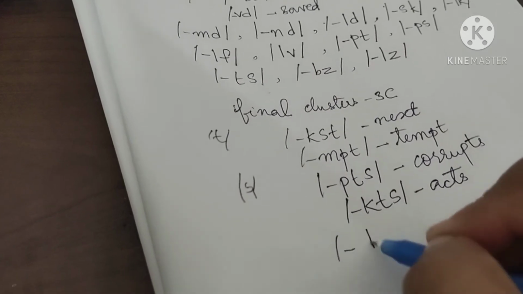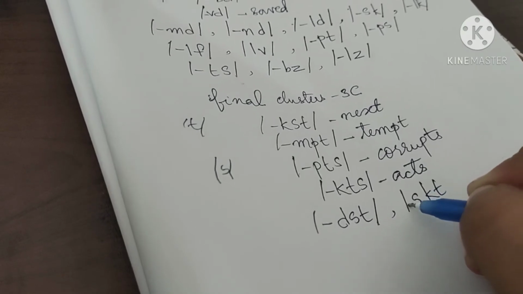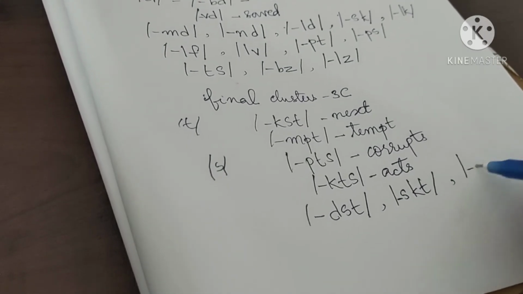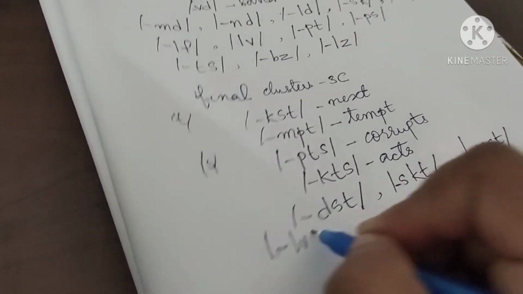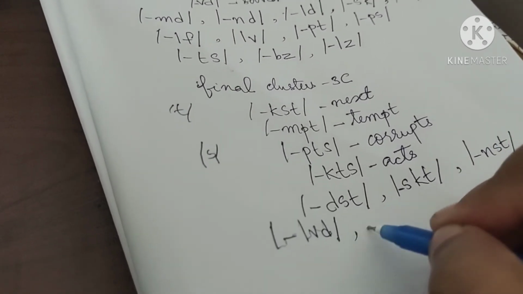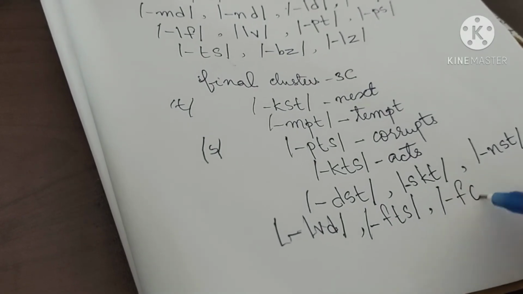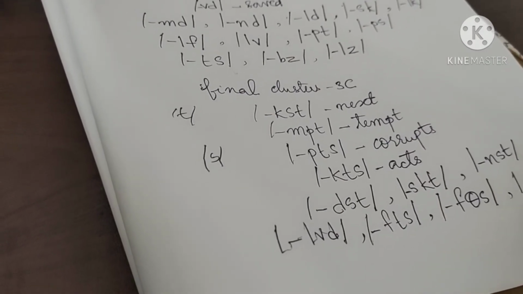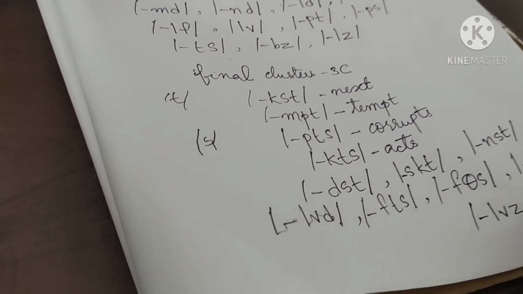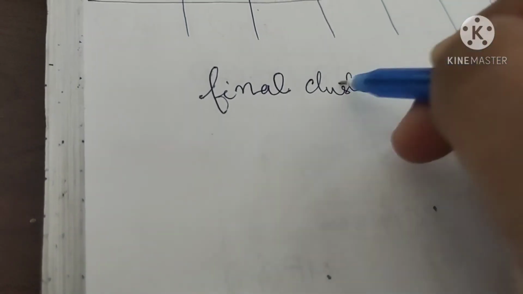Similarly, we have got nest, loved, fits, looks, loves, etc. And lastly, we have final clusters with four consonants.